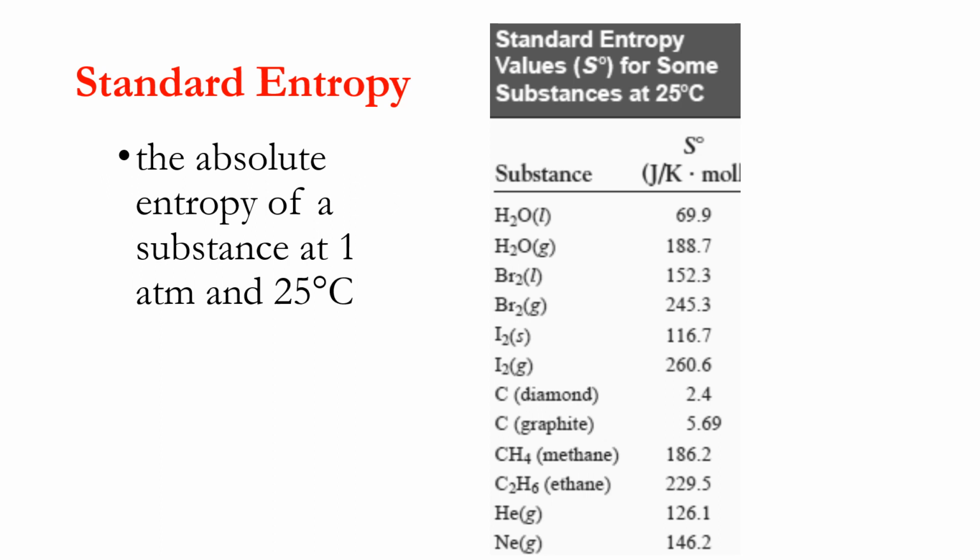So in terms of structure, the more complex the molecule for a substance, the higher the entropy value. For helium and neon, we have substances of the same nature, both of which are inert gases, noble gases. But between the two, neon has higher molar mass. So the one with higher molar mass tends to have higher entropy values.